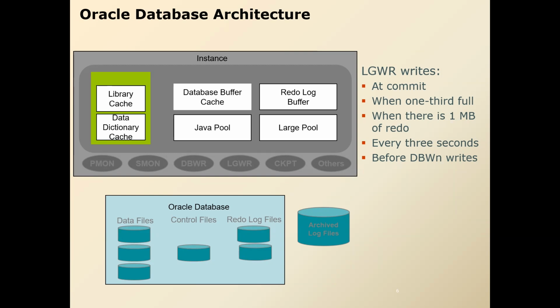Then you have control files. What are control files? Control files contain metadata information. Metadata means data about data. These are the most critical files in the Oracle database. If you lose your control file, you will face issues. Then you have redo log files.